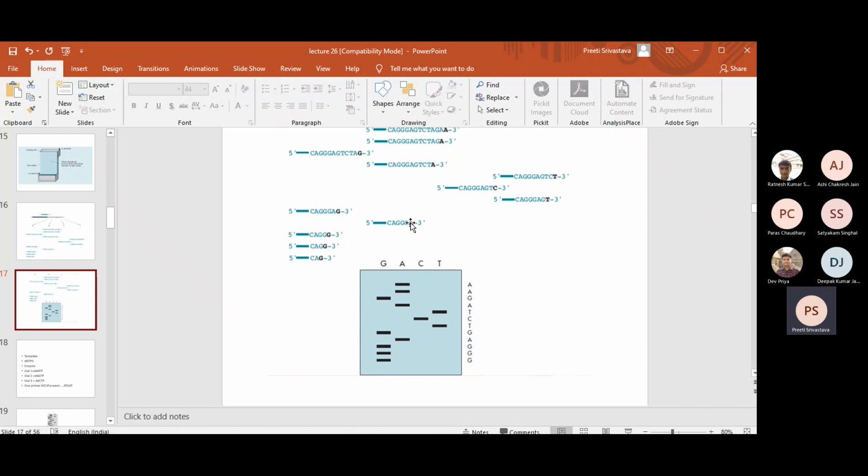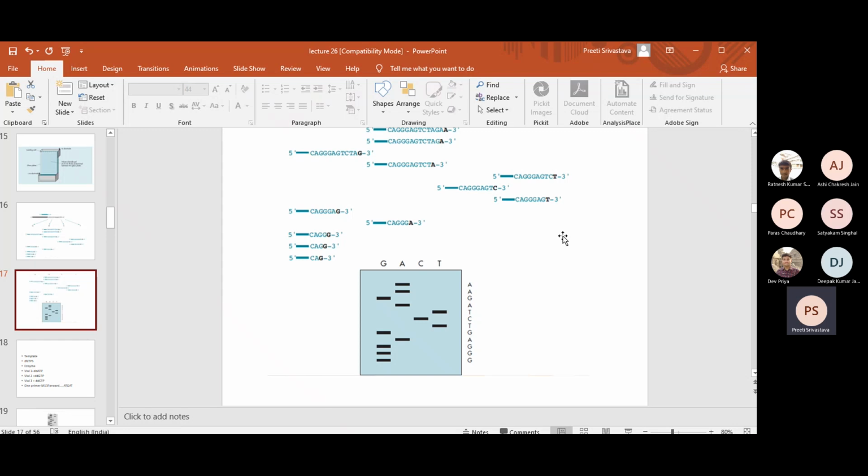In this case also you can use P32, and for C and T also you use P32 labeled dideoxy nucleotide. As a result, when you load it in individual lanes, all four lanes G, A, C, T will show up, and what we develop is called an autoradiogram, because in this case radioisotopes are used.